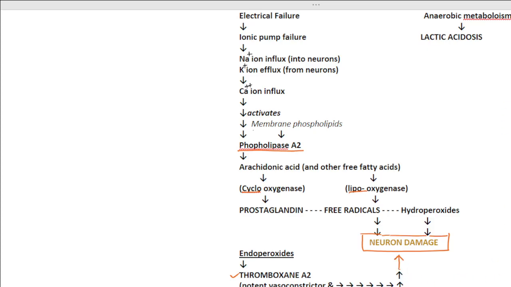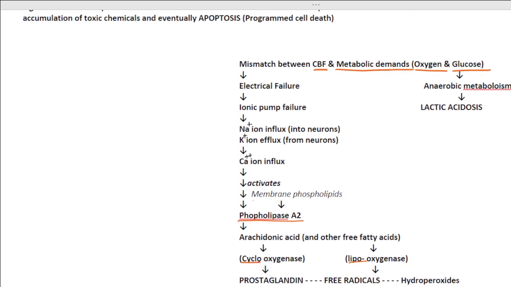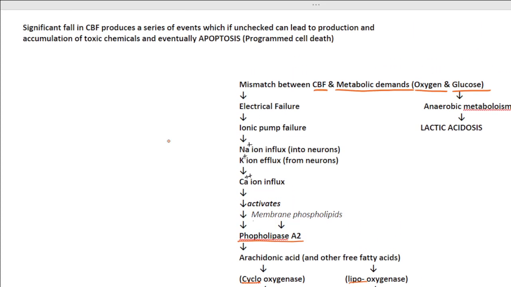Now, another scenario: as we talked about, there is a mismatch of oxygen and glucose. So what will happen? Anaerobic metabolism. Oh, sorry, the spelling was wrong.